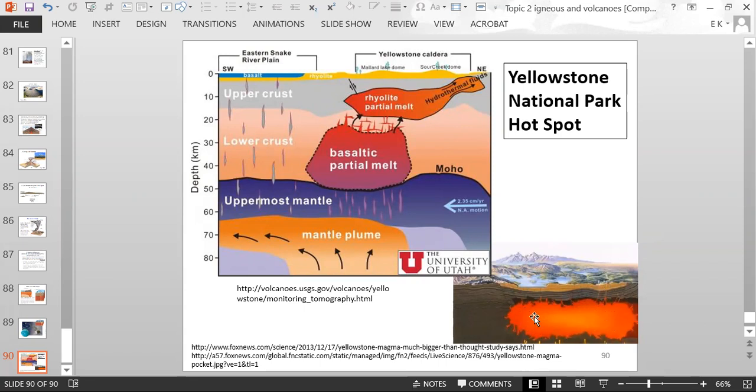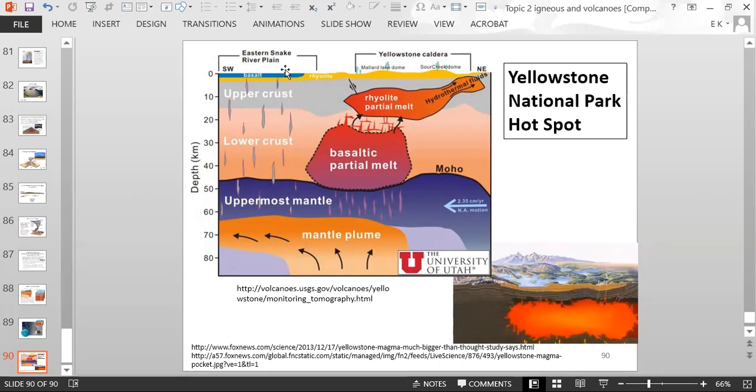It's in some areas a little bit closer to the surface. So that allows for some magmatic activity and some heat to affect the surface of the earth there.